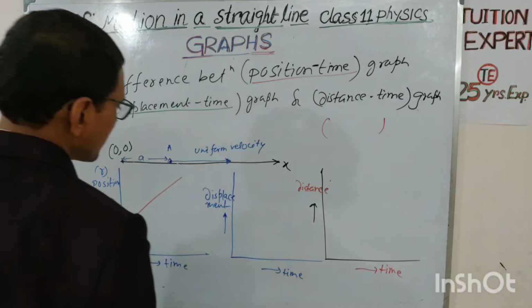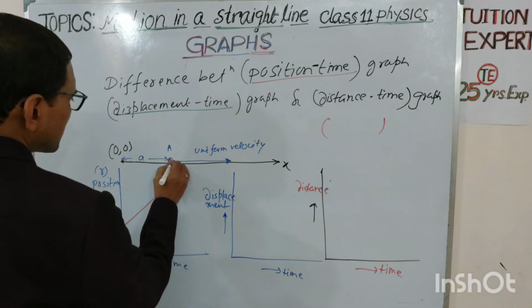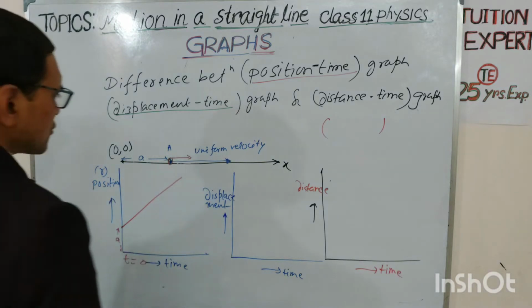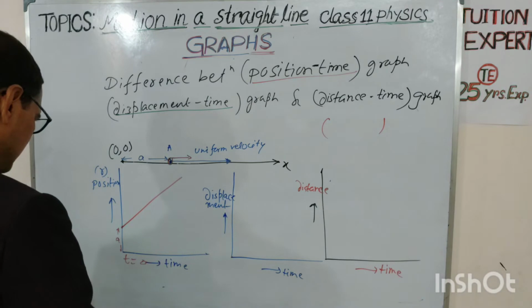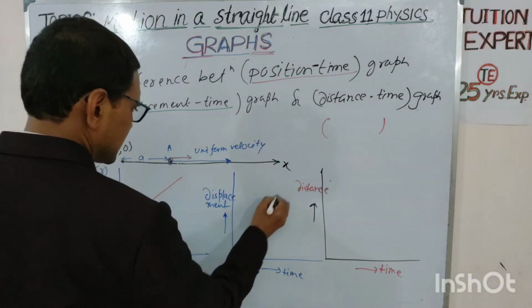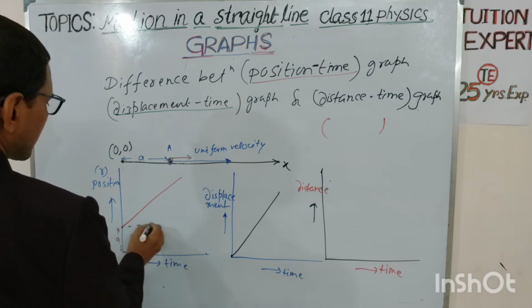And what is the displacement time graph? Displacement, we measure from the starting point. So the displacement time graph will be this, and this slope and this slope are the same, theta.